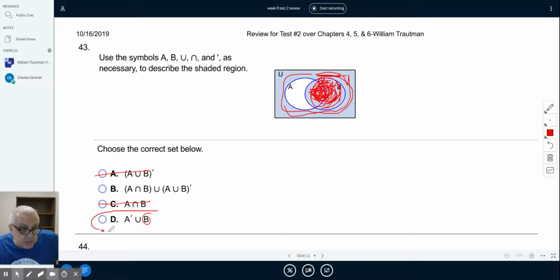The last one, D, worked. I wanted to save the confusing one, the complicated one, for the end. Luckily, we found the answer. The answer is D. So you've got to figure out which one of these is the true shaded in region. And that's 43. I'm going to problem 44.